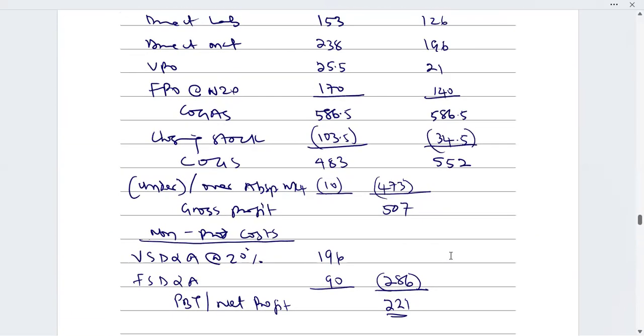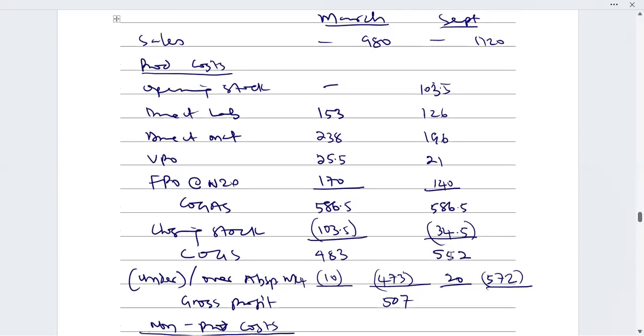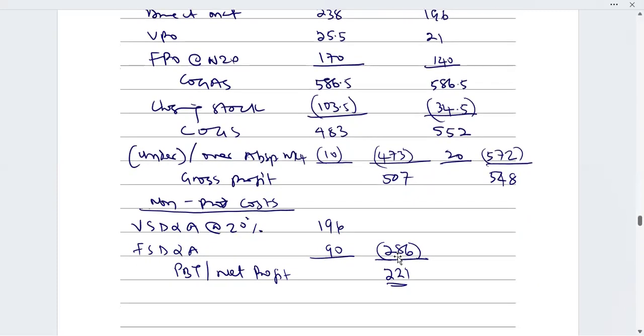That's 572. 572 minus 1120 is 548. Okay. So non-production cost.